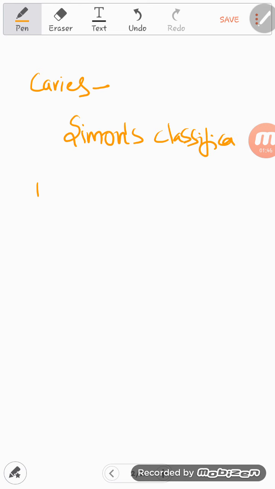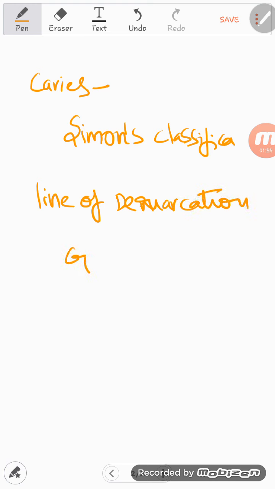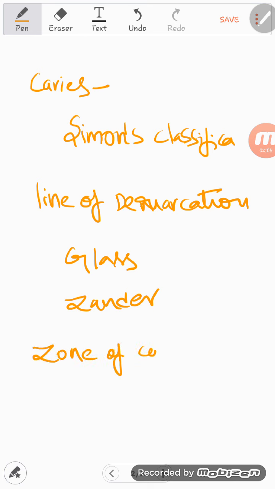Next one, there is something called a line of demarcation when you apply calcium hydroxide. Okay, this line of demarcation was first given by Glass and Gender. Okay, and something like zone of coagulation. There will be a zone of coagulation which is associated with the line of demarcation when you apply calcium hydroxide.